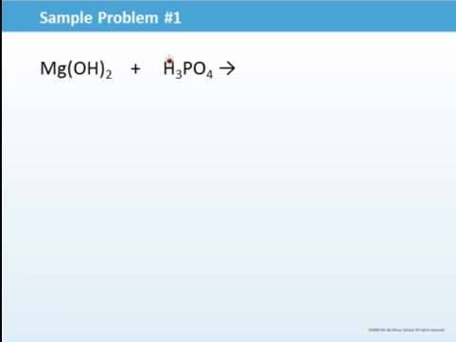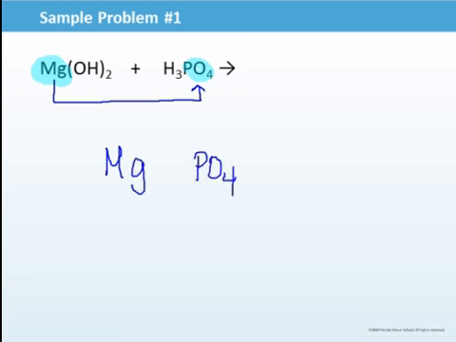So hydrogen, he's a sneaky guy. He can act like a metal with regards to electron configuration and the common charge that it forms. And so what we look at here is the first element in the first compound is going to form a bond with the nonmetal or polyatomic ion in the second. So what we have to do is figure out what formula is going to occur when those two hook up, so to speak.